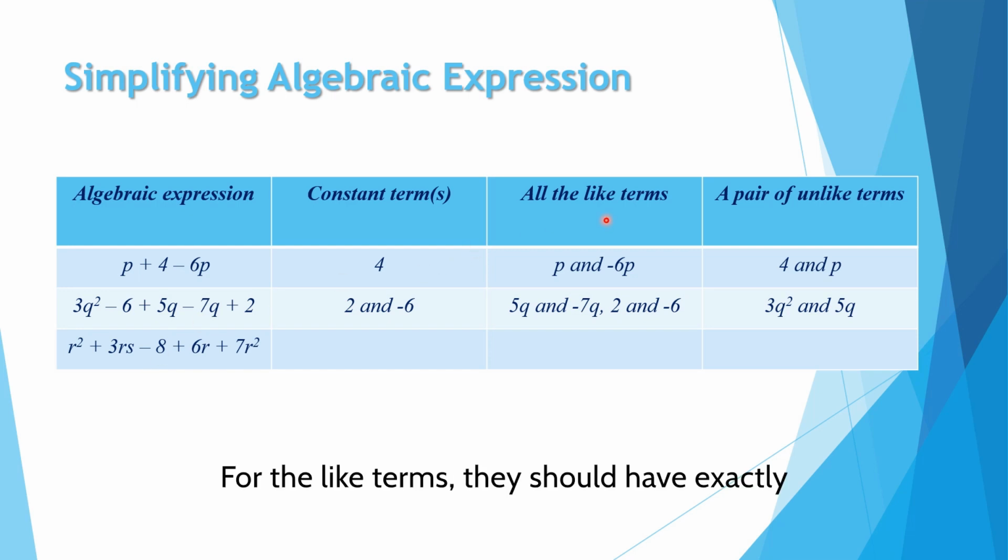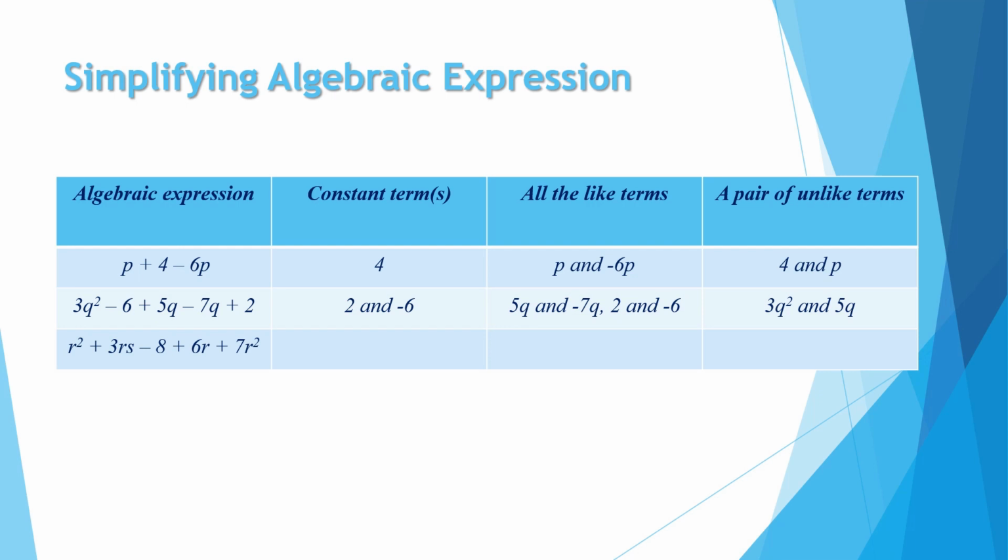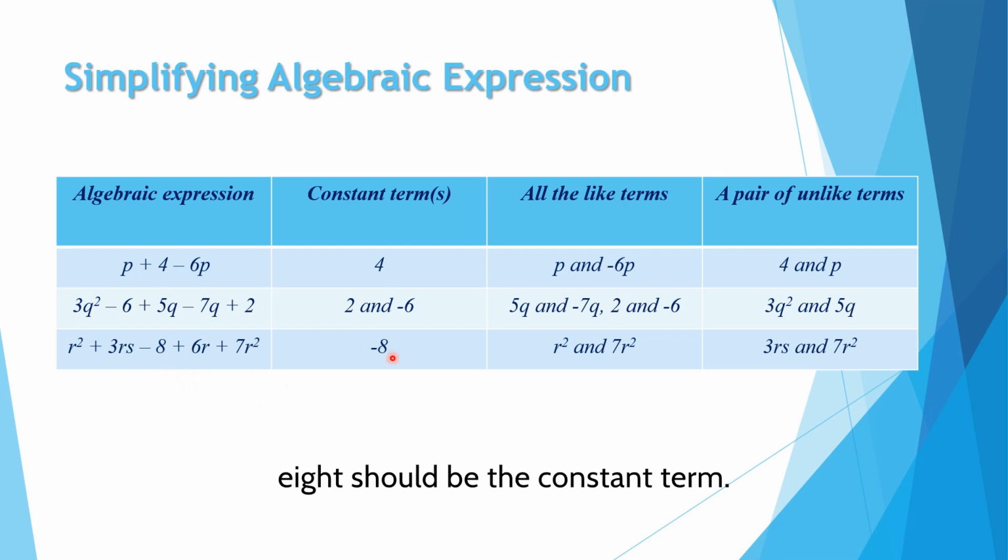For the like terms, they should have exactly the same letter plus exactly the same index. So, first of all, minus 8 should be the constant term. For like terms, the only possibility is r squared and 7r squared.